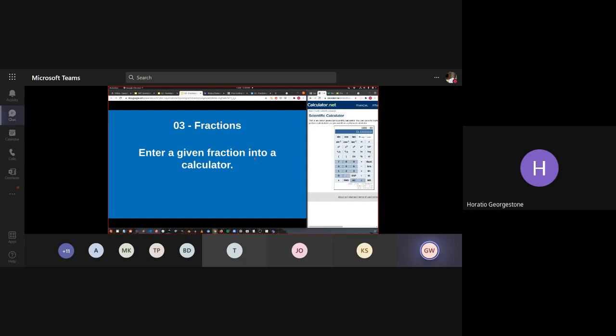Okay, so enter a given fraction into calculator. The reason that I've put this in is that something I've noticed when teaching maths in person is that a lot of people use the fraction button on the calculator whenever they want to enter a fraction.